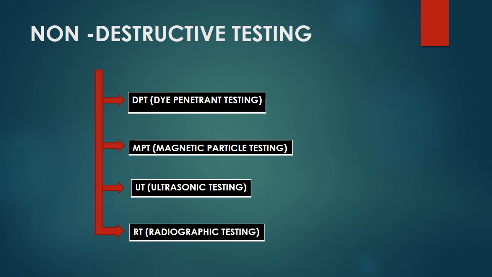And radiographic testing, in this radiographic testing we will get only the shape or image of the defect. So here each and every method has some limitations, so that's why we are using all these types of methods to identify the defects. So what is non-destructive testing?